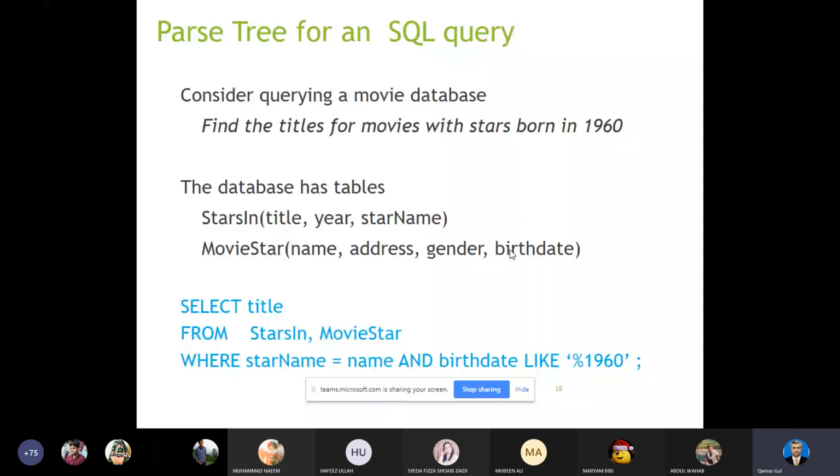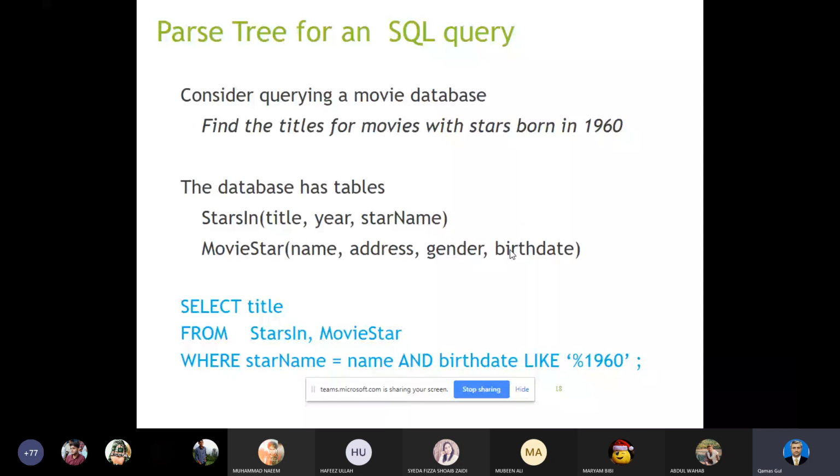Let's suppose you have a database for Hollywood movies, and in that database, you have two tables. The name of the first table is stars in, and in this table, the information is stored like this: the title of the movie, year of the movie, and the name of the star who worked in that movie.